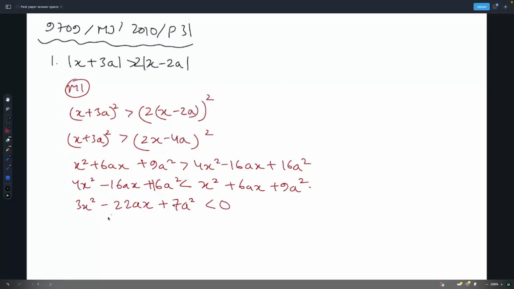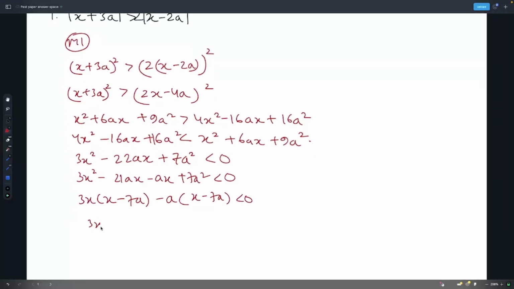It's going to be 3x square minus 21ax minus ax plus 7a square less than 0. So we have 3x(x - 7a) minus a(x - 7a) less than 0. We have (3x - a)(x - 7a) less than 0.